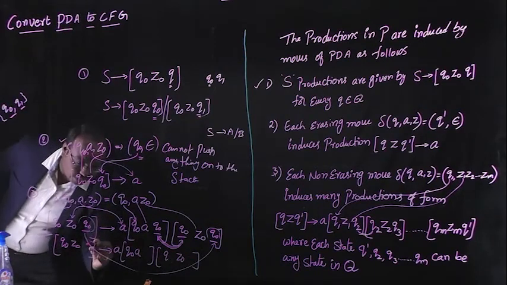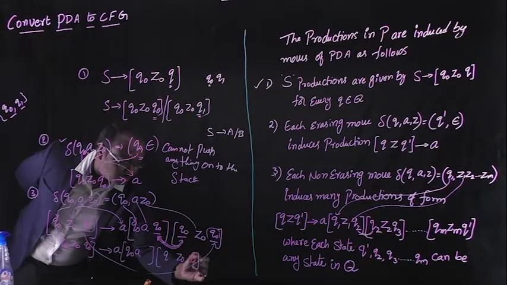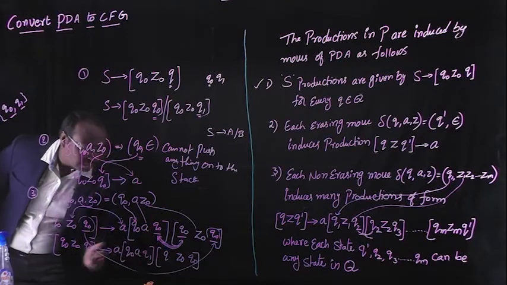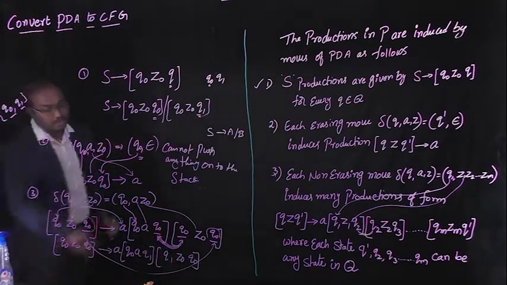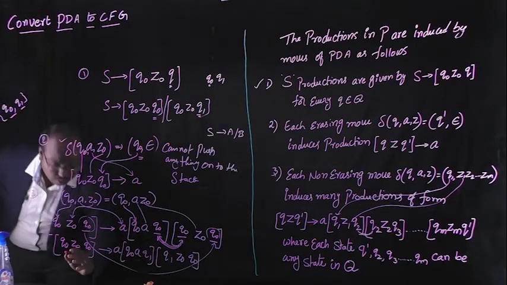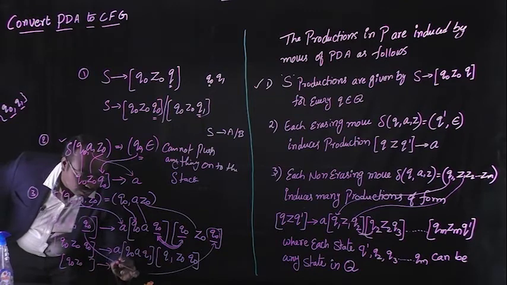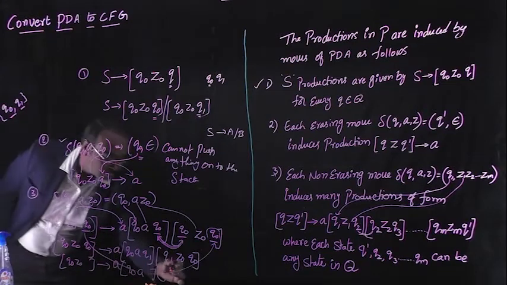Here first I have to write q naught, so I am placing the q naught. Here I am changing the next state q naught and the adjacent places q1. Here also q1. So these are the matching functions. And the next function, q naught Z naught, A, q naught A and Z naught.